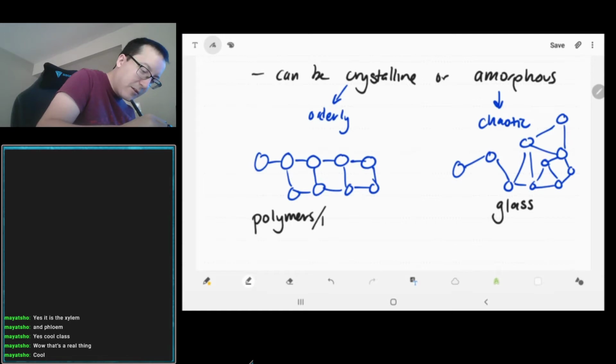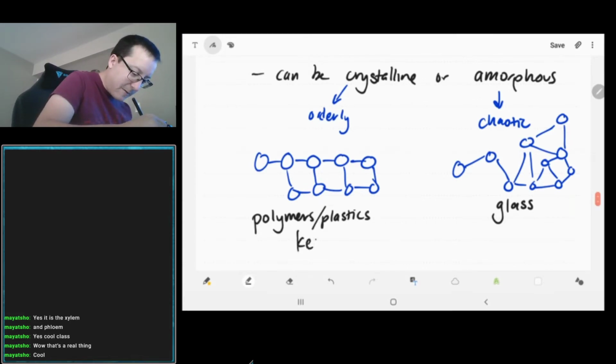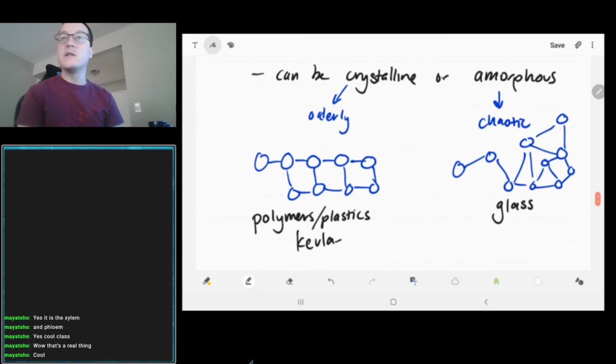This would be like some of those polymers or plastics. Like Kevlar, for example, would be a crystalline solid. Those tend to form more orderly ones, whereas you could definitely have polymers that are amorphous, but a lot of them will be crystalline as well. So it just depends on what your particular polymer is.